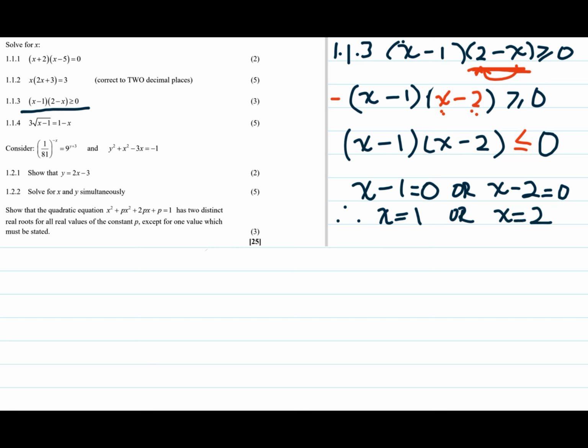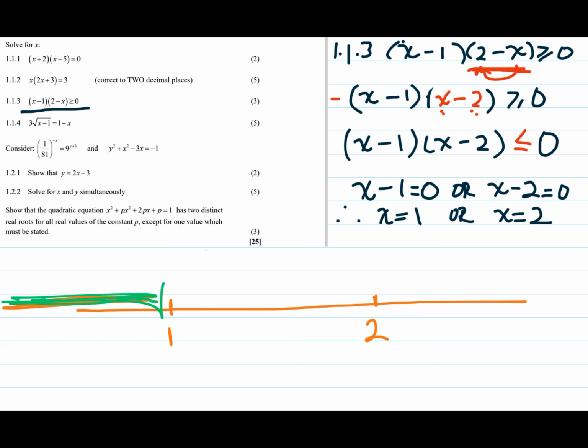So this means that 1 and 2 are the critical values. So now let's make a number line to determine the interval of these critical values. So we have 1 here, then we have 2 here. So we're going to take any number between this interval here.